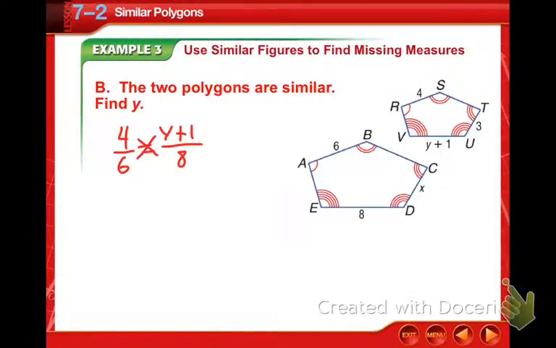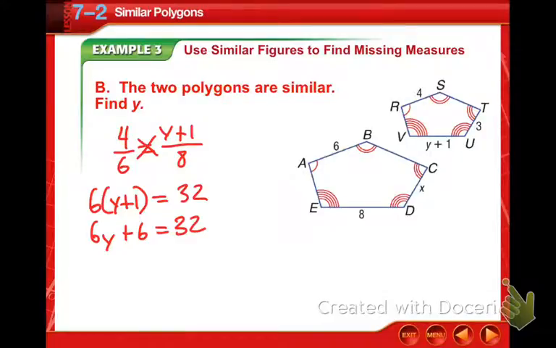Cross multiply: 6 times y plus 1 equal to 4 times 8, which is 32. I'm going to distribute the 6, so 6 times y is 6y, 6 times 1 is 6, equal to 32.